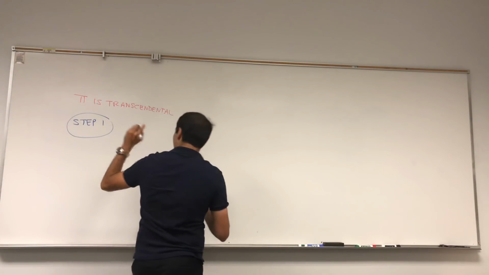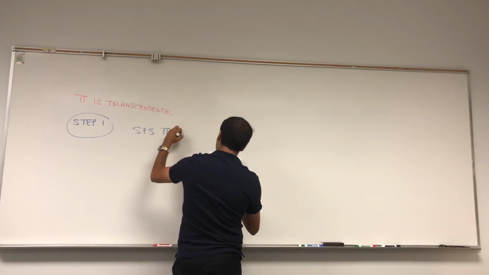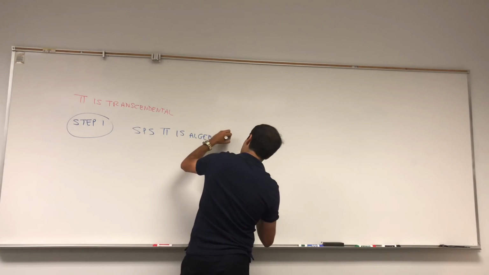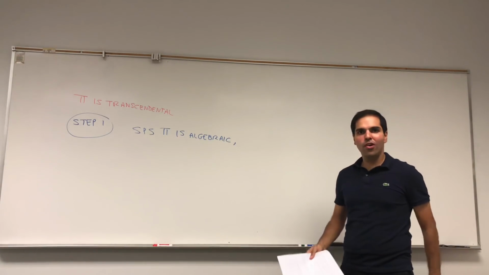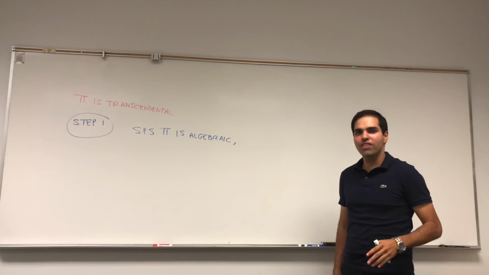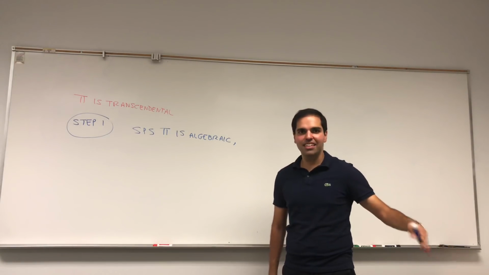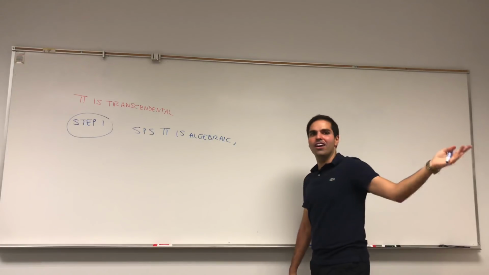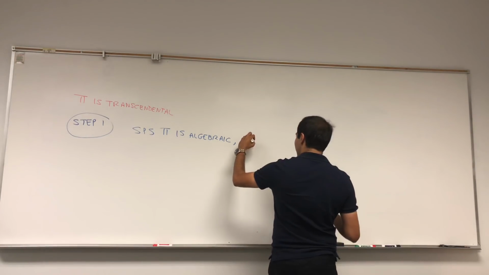So now, step one. Again, suppose pi is algebraic. Then this means there is a polynomial with rational roots such that pi is a root of that polynomial, and without loss of generality, you can assume the coefficients are integers. Otherwise, just multiply by a huge number to make them integers.